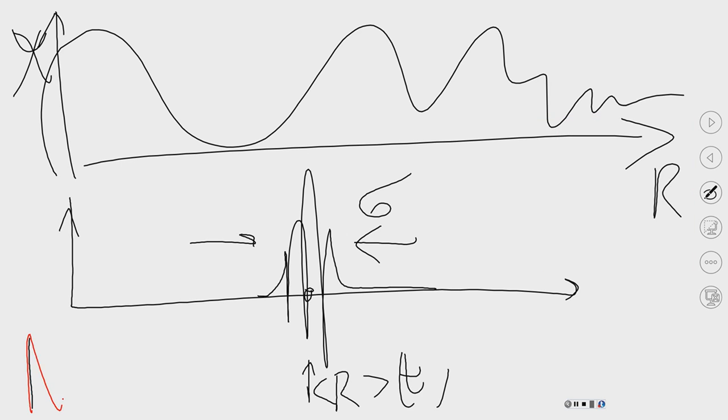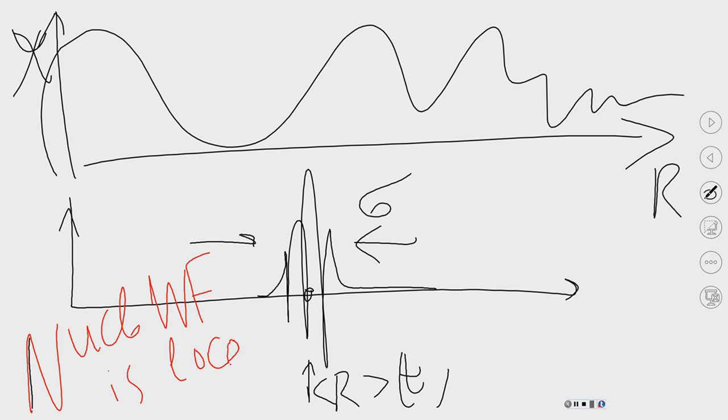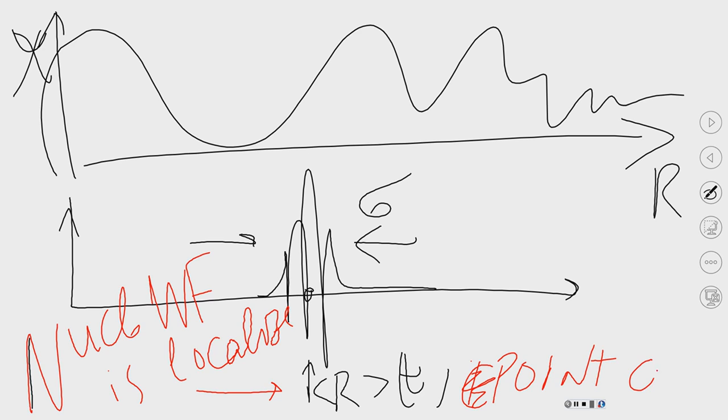So if the nuclear wave function is localized, then point charges, or classical path point charges, are good.